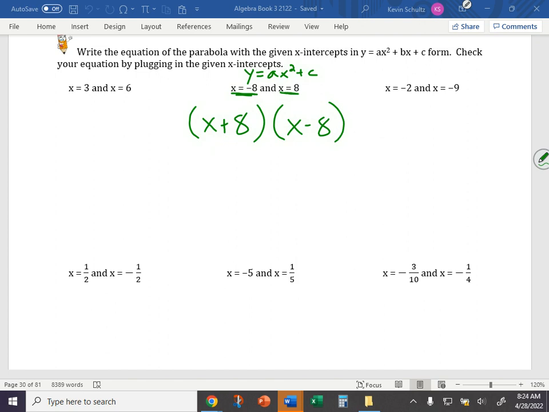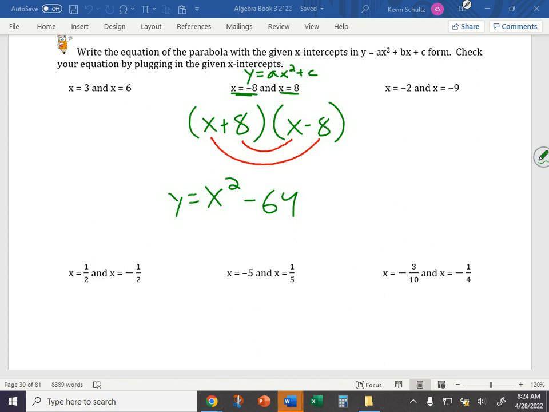When we FOIL crab claw this, if you're using FOIL, that inside outside, you get positive 8x and negative 8x. Positive 8x and negative 8x combine to be 0x, right? So that b term cancels out, which it should, and you're left with y equals x squared minus 64.